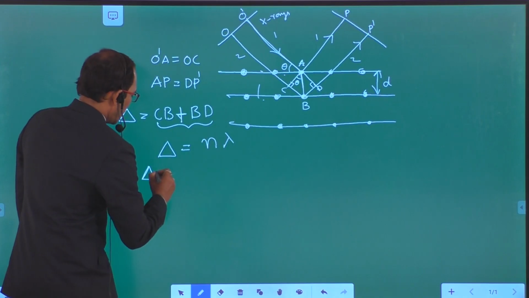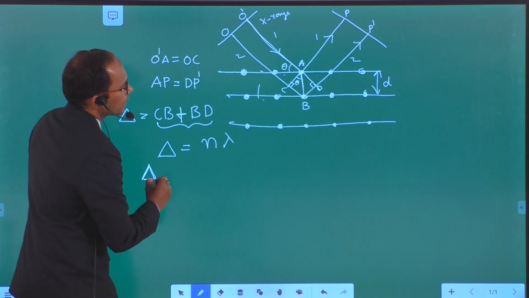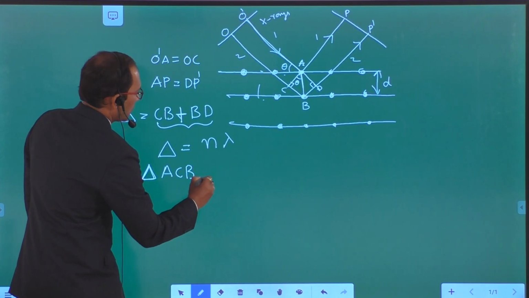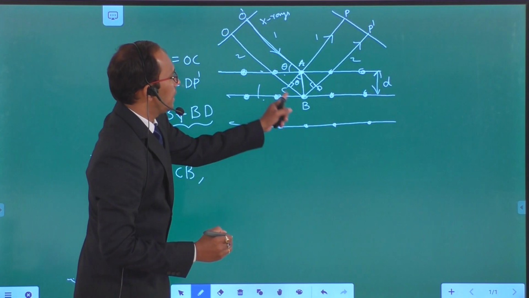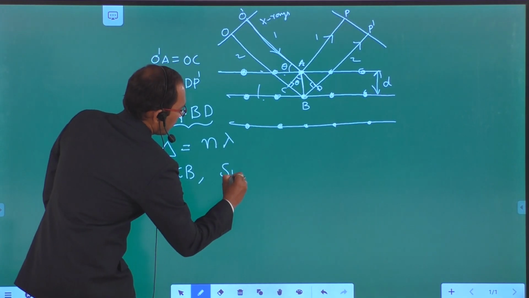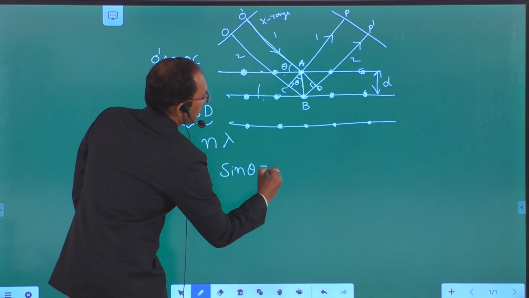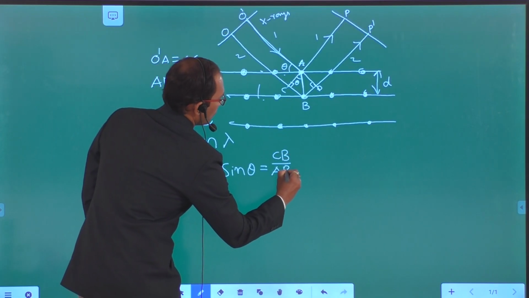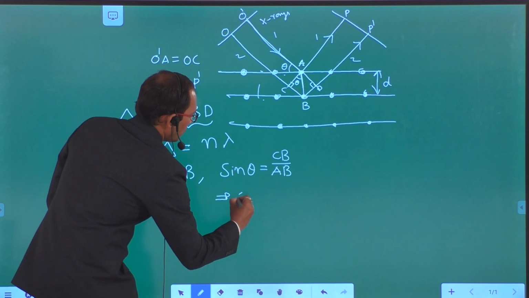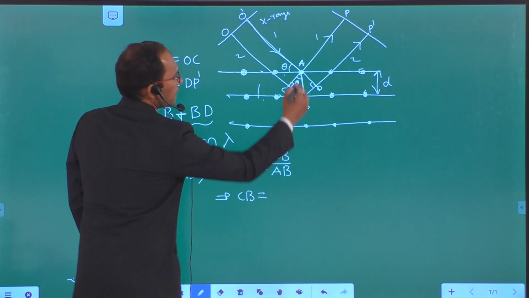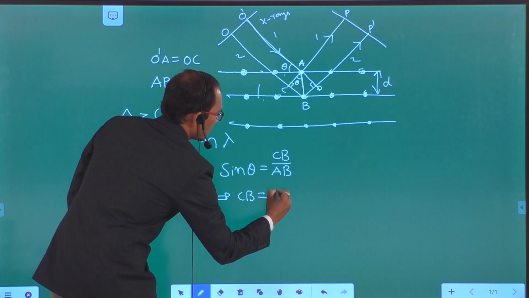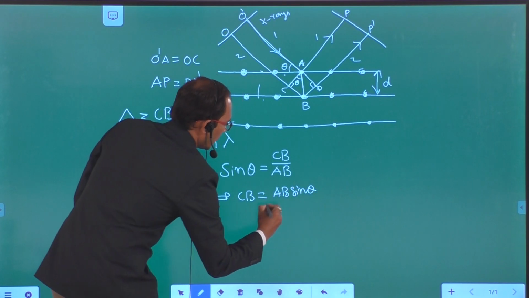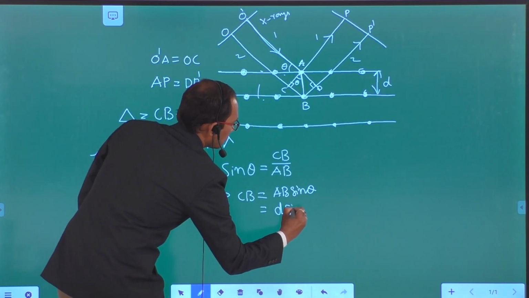From triangle ACB, I want to find CB. Sin theta is equal to CB by AB, so CB is equal to AB sin theta. AB is the interplanar spacing, so CB is equal to d sin theta.